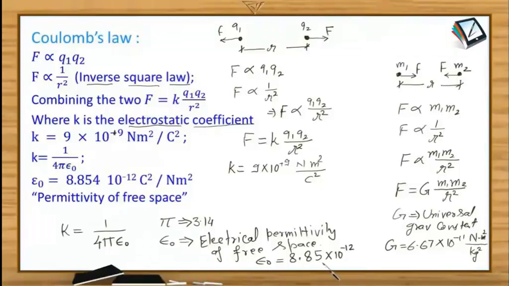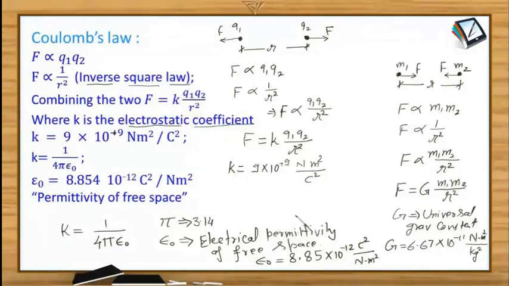And what will be the unit of measurement? 4 into pi has no unit, so the unit of epsilon naught has to be the inverse of the unit of K. The unit of K is Newton meter square per Coulomb square, so for epsilon naught we can write Coulomb square per Newton meter square.